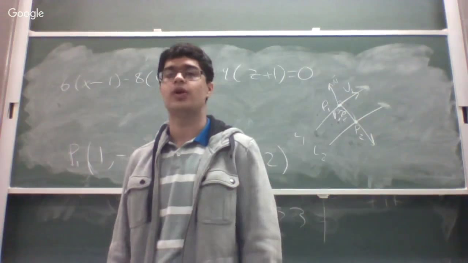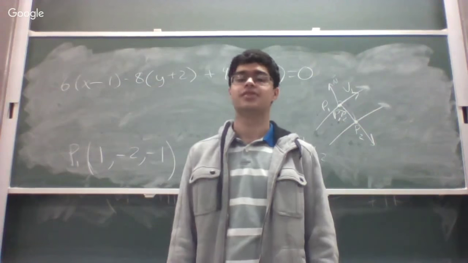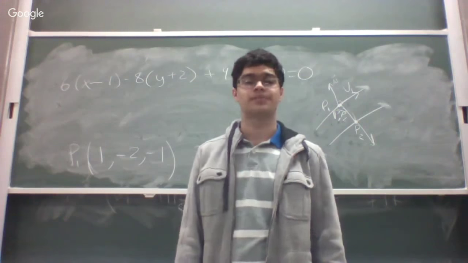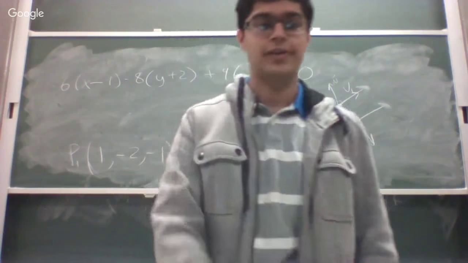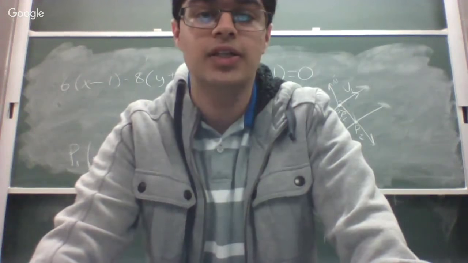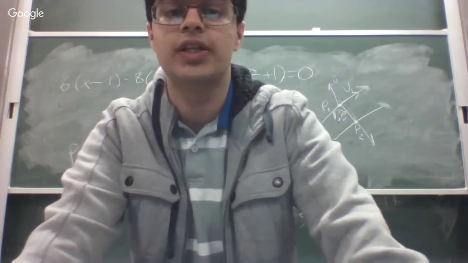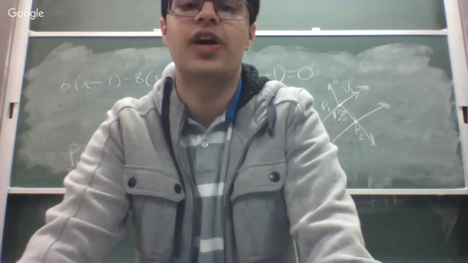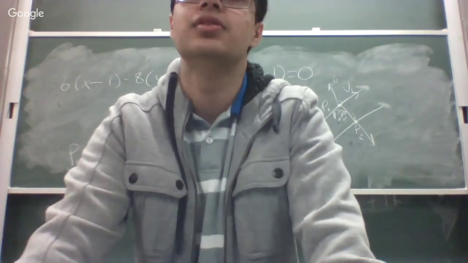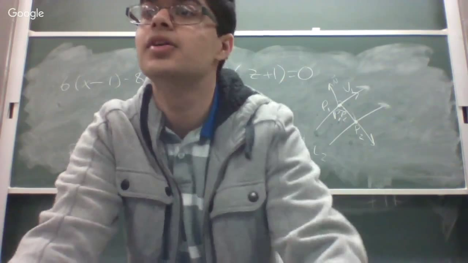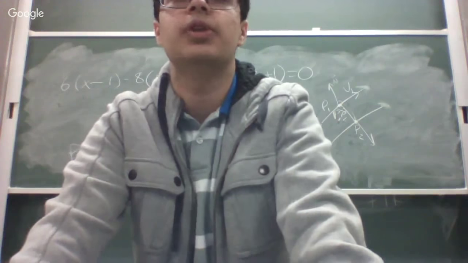For objective 21, do you guys want me to continue? Okay. Yep. Objective 21, given a line. If you're given a line and a point not on the line, okay? And you have to find the equation of the plane. So first thing that should go through your mind, you're trying to find the equation of the plane.